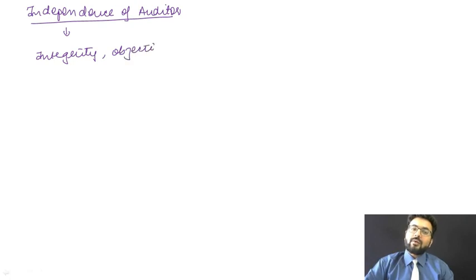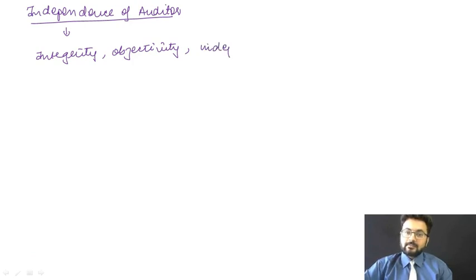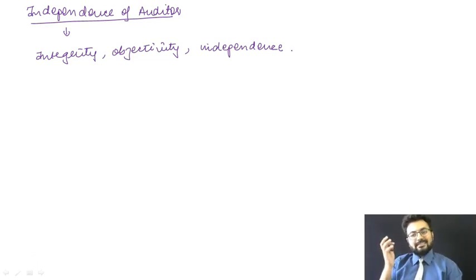Because audit is required to be carried out for a particular purpose, that he is going to give an opinion whether those accounts are true and fair or not. Objectivity and independence as one of the basic principles. The auditor is required to be straightforward, honest and sincere.